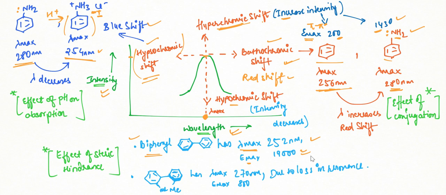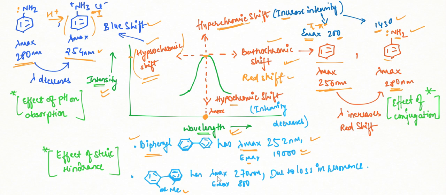It is really high. The intensity has increased hugely because there are two phenyl groups like this. So if we are adding two methyl groups to the ortho position like this, these are the ortho positions of the two benzene rings. Because of the steric hindrance, the rings are going to turn out of the plane, perpendicular to each other, and there is a complete disruption of the pi interaction which was taking place between these two rings.